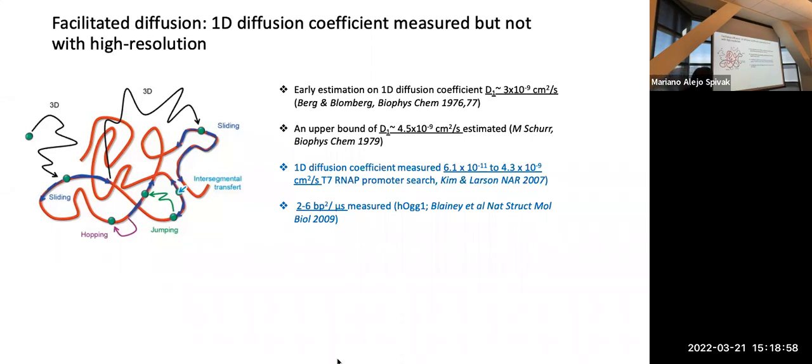So actually, the detection of the diffusion coefficient on DNA also started early, and people deduced something and estimated some upper bound. Following up, there are measurements.